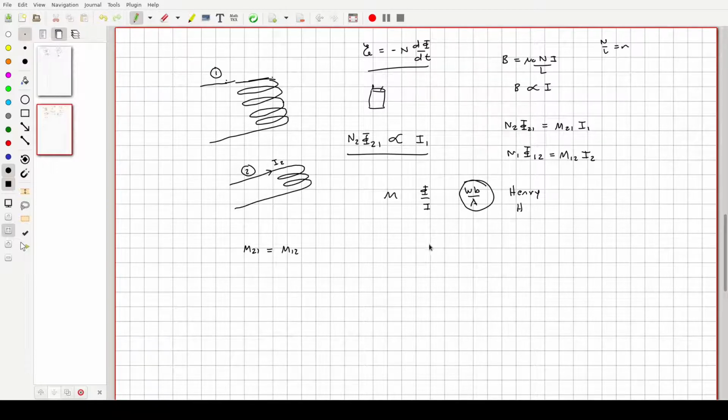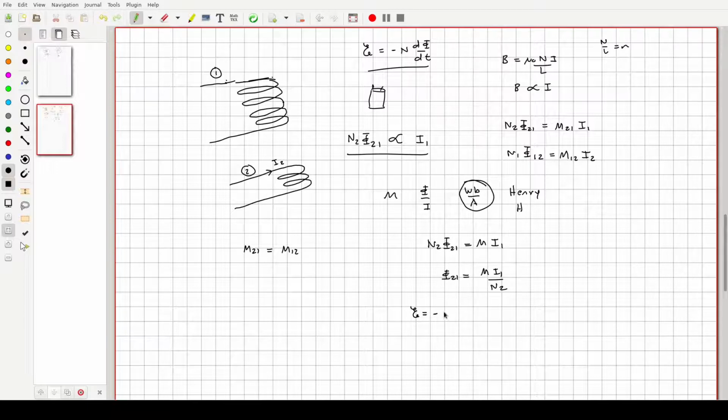So, for example, perhaps the flux on 2 due to 1 is equal to M times the current passing through 1. I could solve for flux here, if I wanted. And now when I look over here at how much EMF would be generated, this would be the EMF generated in circuit 2 due to the effects of 1.